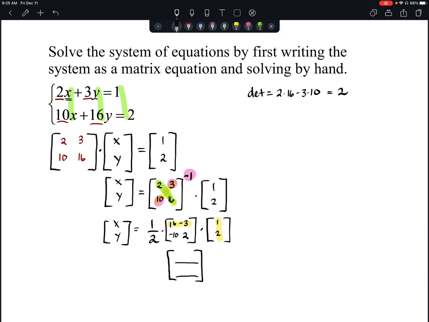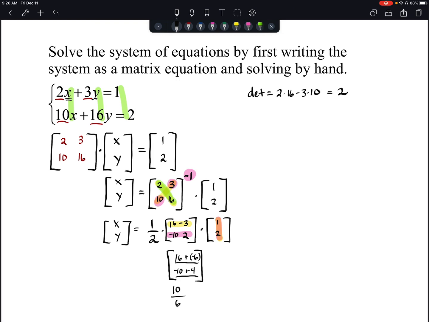So 16 times 1 is 16. -3 times 2 is -6. So 16 plus negative 6. And then we'll move down to the bottom row and using that same column, we'll say negative 10 times 1 is negative 10, and then 2 times 2 is 4, which then should give us, what, 16 plus negative 6 is 10 over 6.